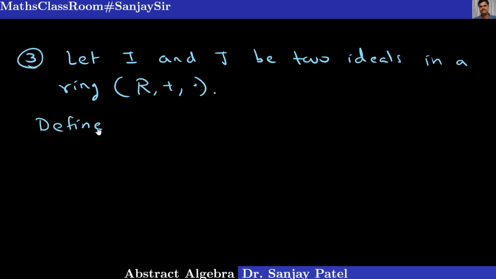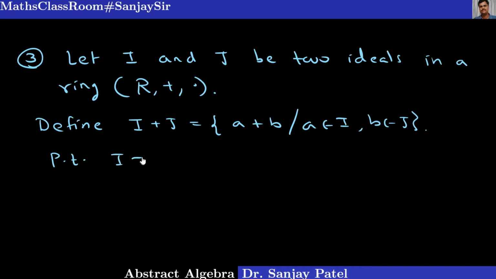Define the sum of I and J as I plus J. It is given as the set of all elements of the form a plus b, where a belongs to I and b belongs to J. Okay. Prove that I plus J is also an ideal of the ring R.